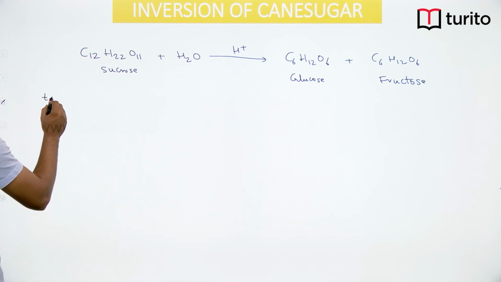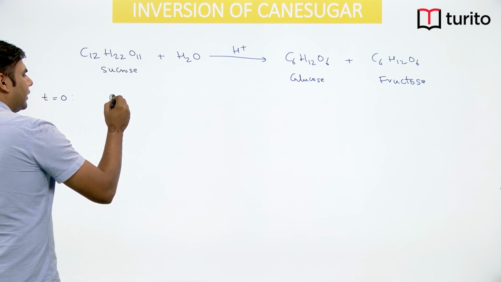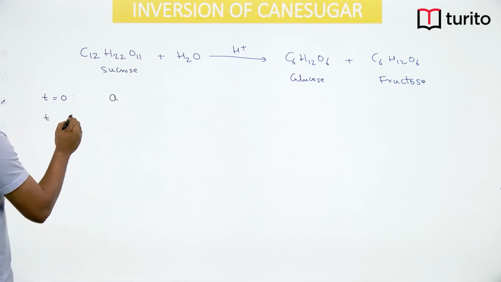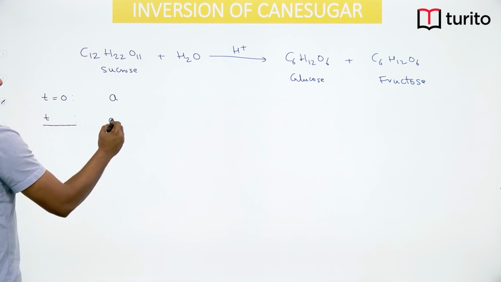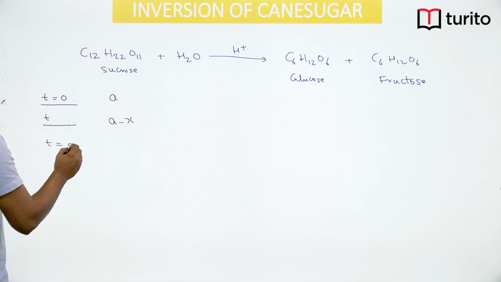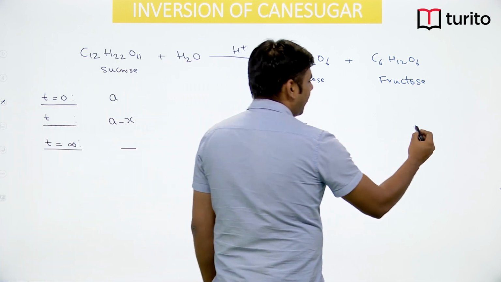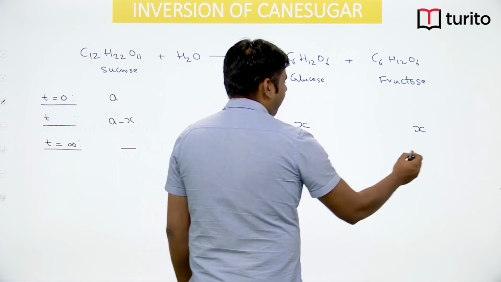So let us say that at time t equals 0, the amount of sucrose was A, after some time t the amount was A minus x, and after time t equals infinity, this has completely reacted. So this formed after would be this.